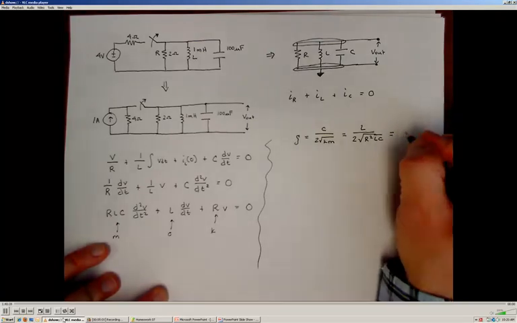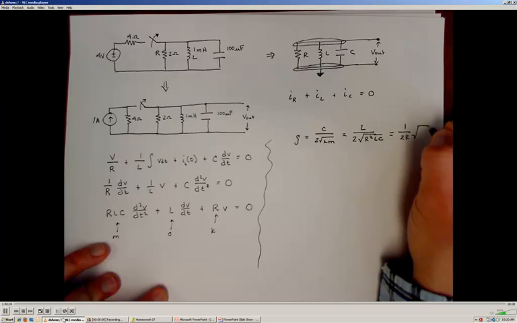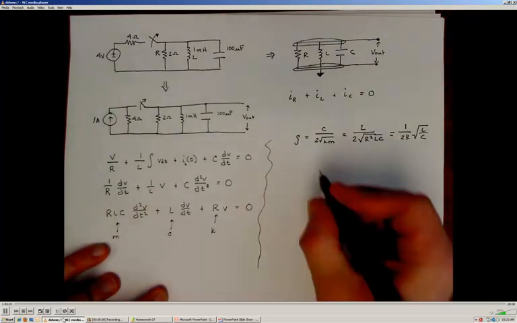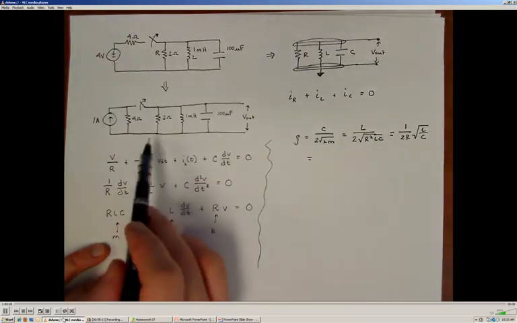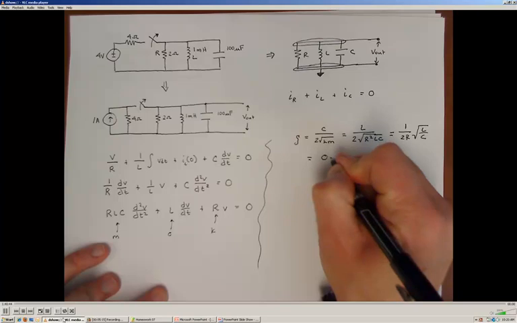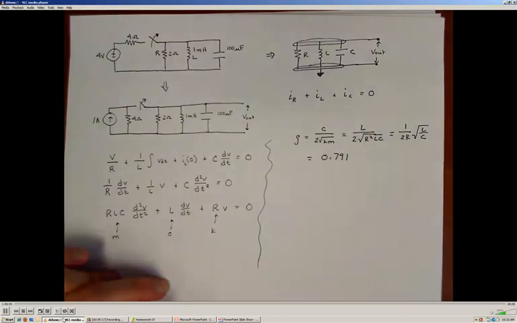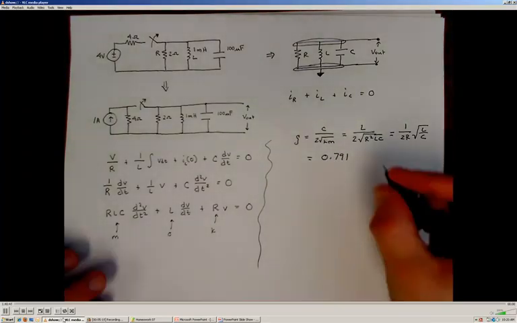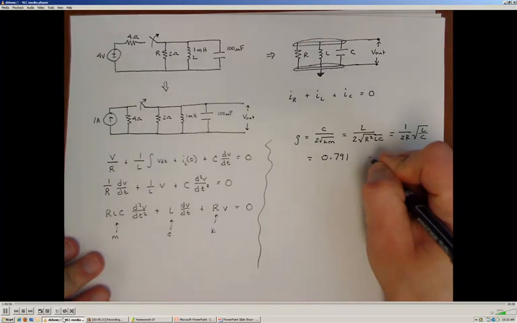That simplifies into 1 over 2R times the square root of L over C. When I plug in the given values, I find that the damping ratio is 0.791, and since that's less than 1, we have an underdamped second-order system.